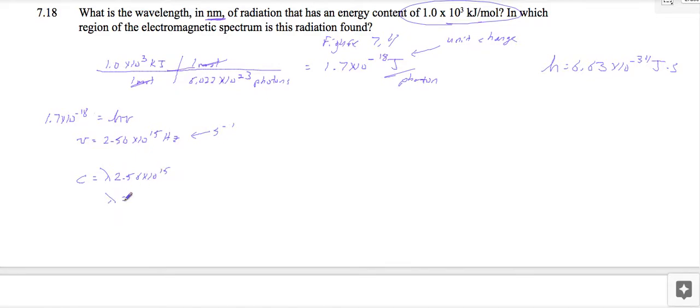And the wavelength comes out to be 1.2 times 10 to the minus 7th meters, and that is 120 nanometers. And on my answer key, I forgot to look this up. I think it's going to be UV. I am not sure, so you should check that.